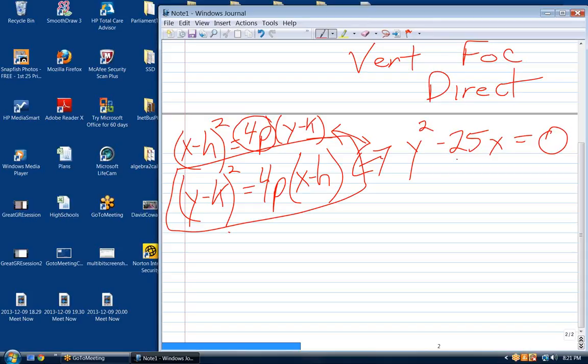So what do I have to do to this equation to get it into this format that I have squared over here? Add 25x. Okay, that's a good start. In fact, that's it. Now what is P going to be?